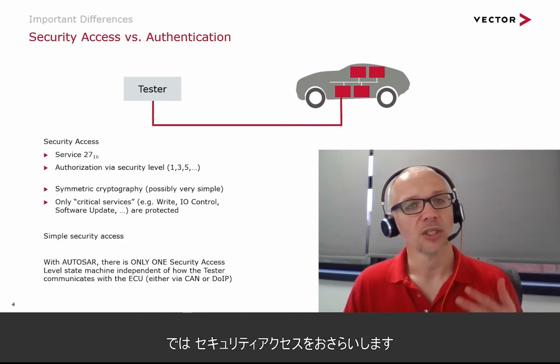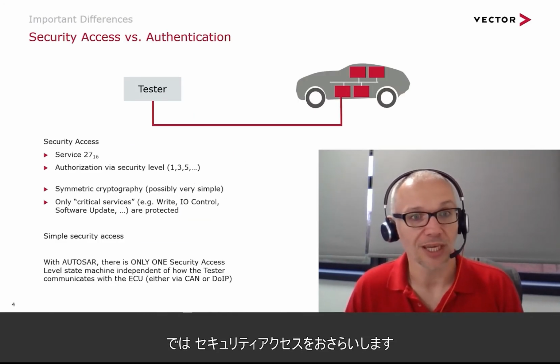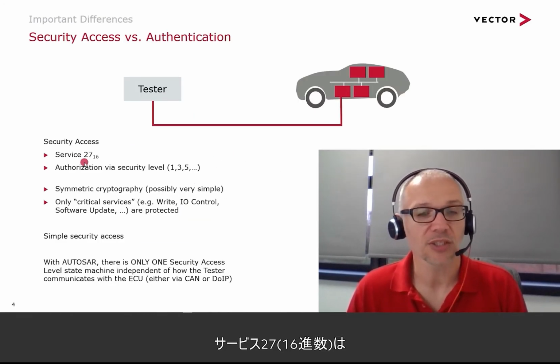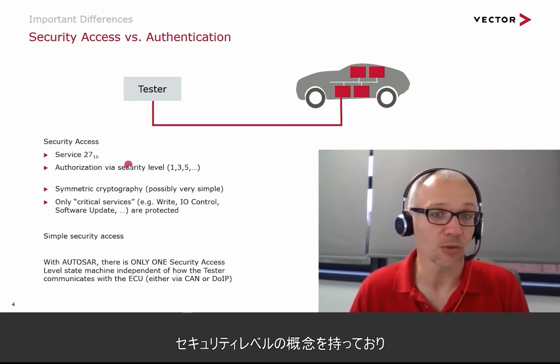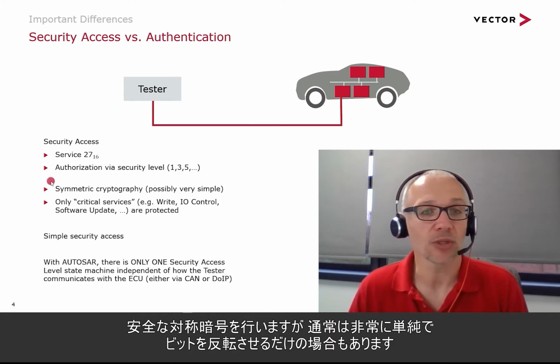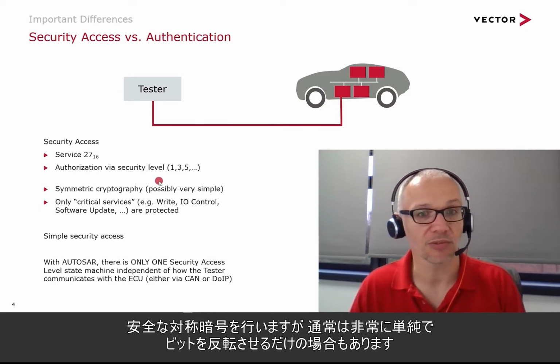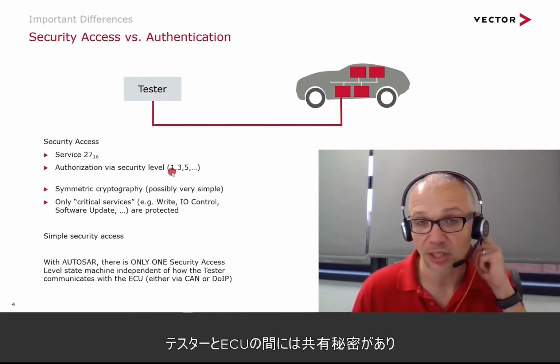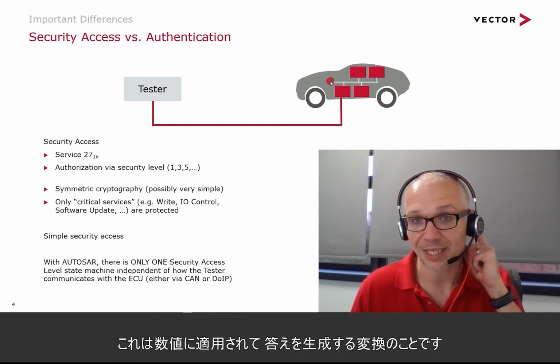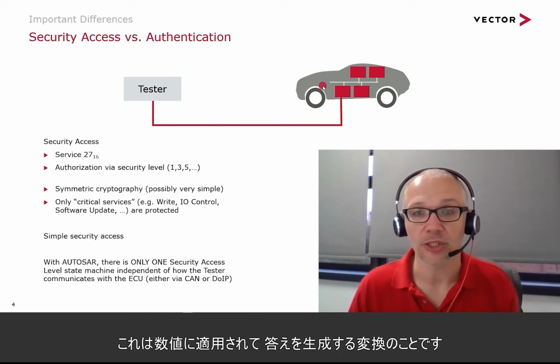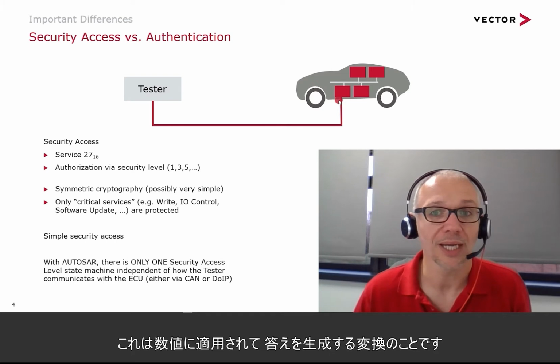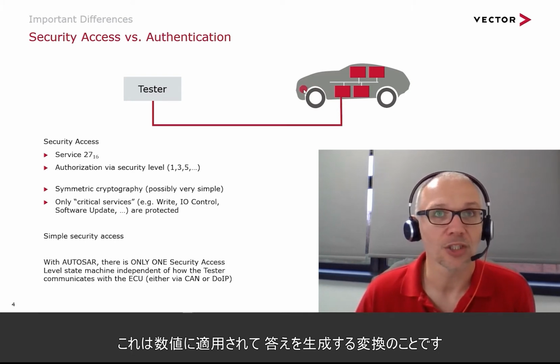So security access, let's have a recap. Service 27 hex. We have a concept of security level. We do symmetric cryptography usually, sometimes very simple, sometimes we're just flipping bits. We have a shared secret between the tester and the ECU, and that is a transformation which is applied to a number to generate an answer.